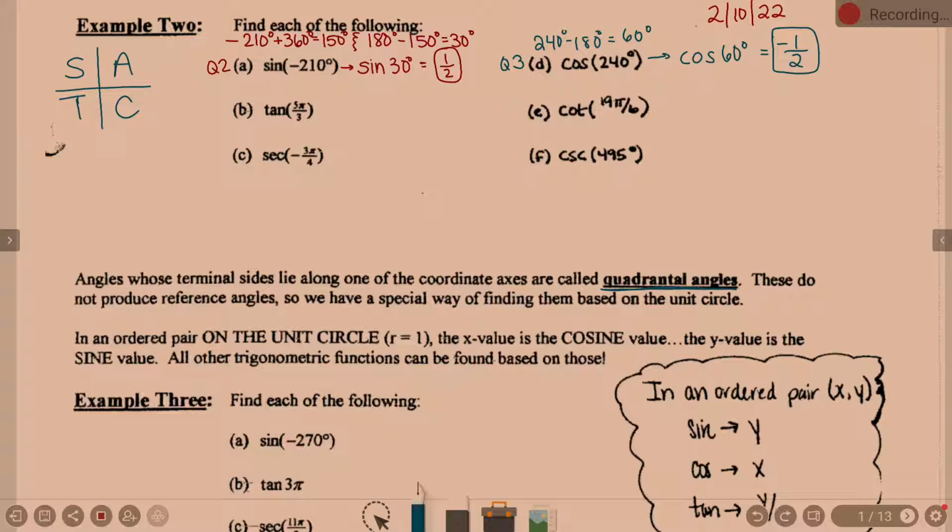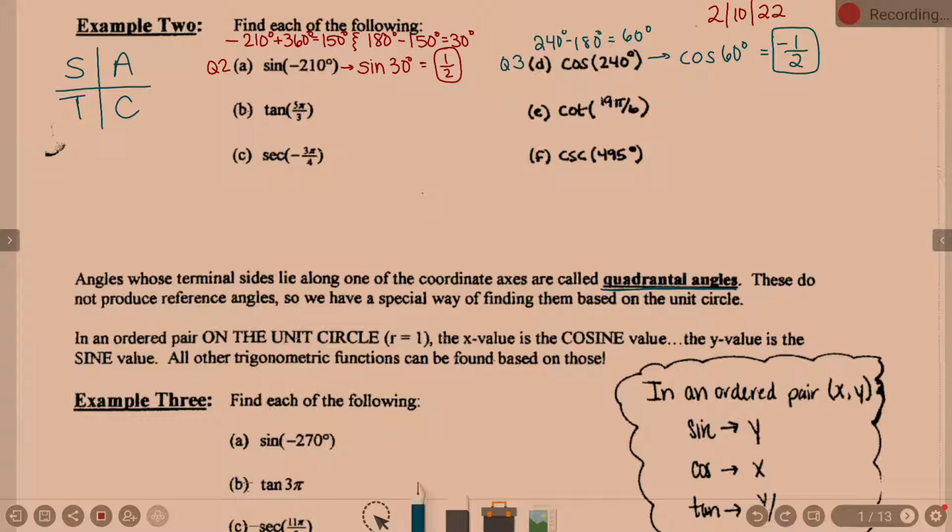Technically we could do cosine, sine, tangent of any random angle, but for what we're doing in this section, A through F, you should always be getting a 30, a 45, or a 60. Or pi over 6, pi over 4, pi over 3. Okay, so let's look at B now, since I do not know my alphabet.